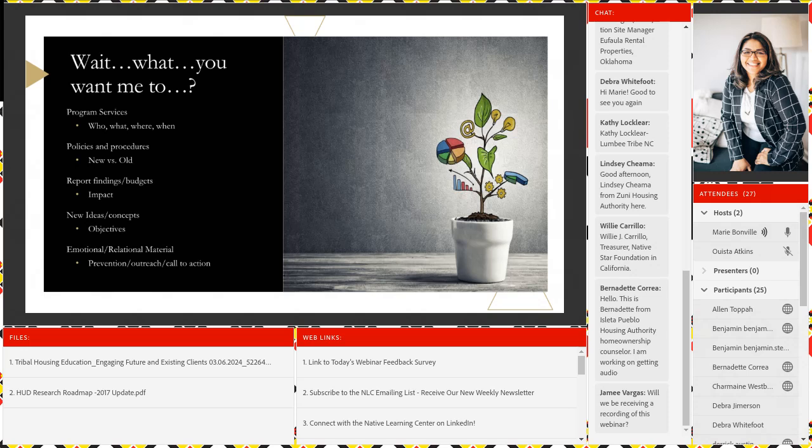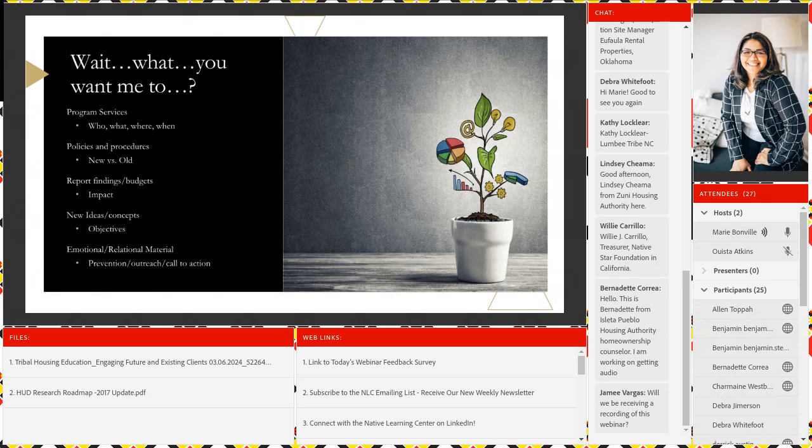Or getting what we call community navigators. There are some people who are so vocal in the community and can create positive energy by putting information out on our behalf, right? So just saying, hey, can you take this flyer and post it? I really want to make sure people see it, and share it. These are the types of things we could be doing. Low budget, no budget sorts of outreach. And then lastly, emotional or relational material regarding prevention within your rental units, for sure.